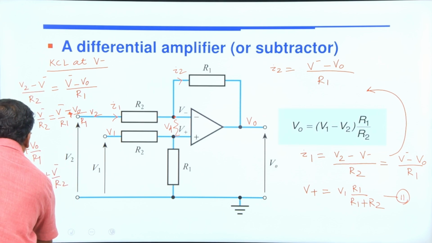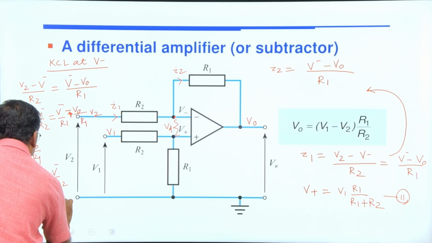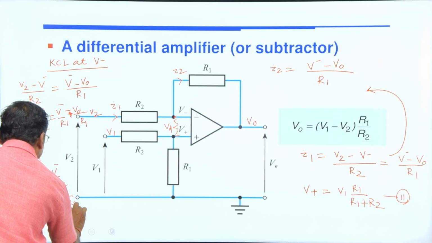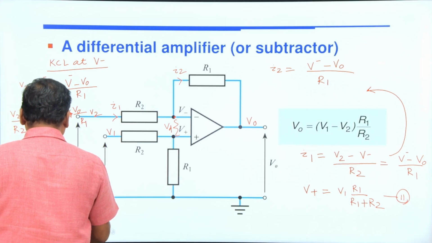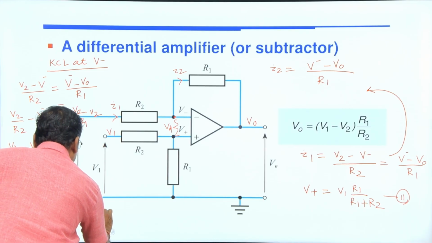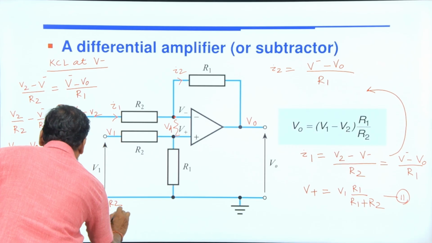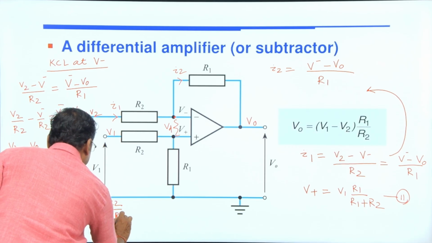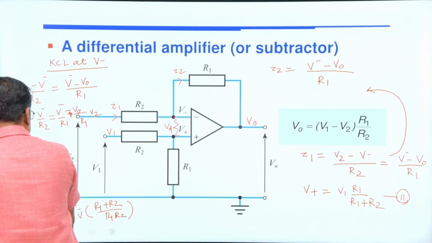Taking V minus common, that is 1 by R1 plus 1 by R2, which becomes V minus whole into R1 plus R2 by R1 R2.